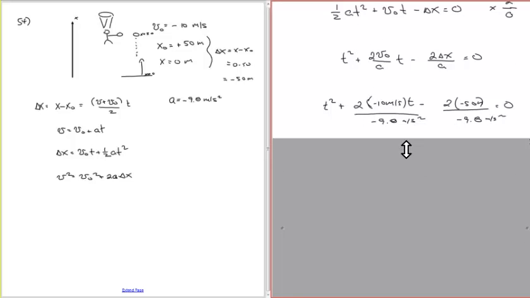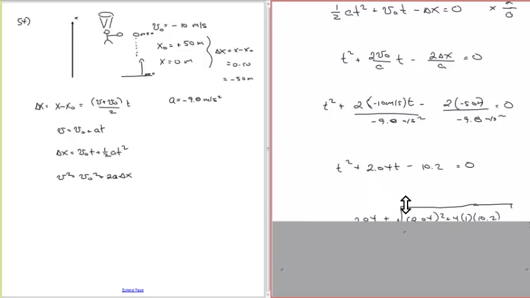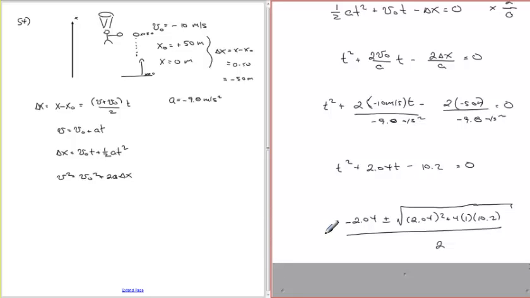Okay, and then you plug them in, and then you get this quadratic equation. And then you plug it into the quadratic formula, which says that the time is negative b plus or minus the square root of b squared minus 4ac. So there's a minus sign there and a minus sign there. So the minus sign times the minus sign is positive. So you get 2.04 squared plus about 40.8.